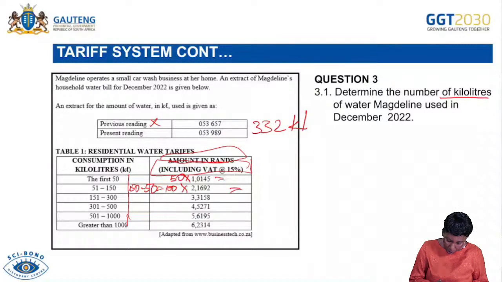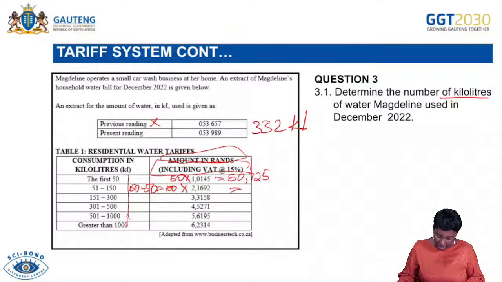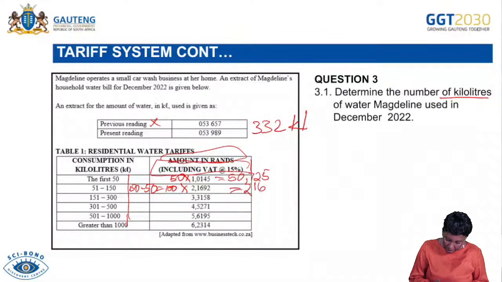I get the amount to be 50 rand 725, and that is the first block. Then the second block, because it is 100 units, it will be 100 multiplied by 2,1692, and I get the amount to be 216 rand 92. And these amounts are all VAT inclusive.